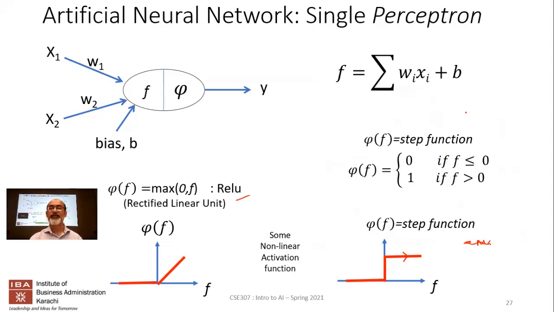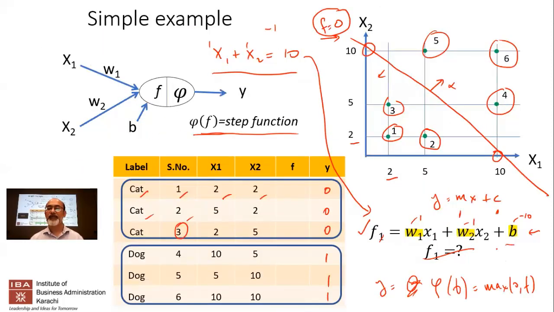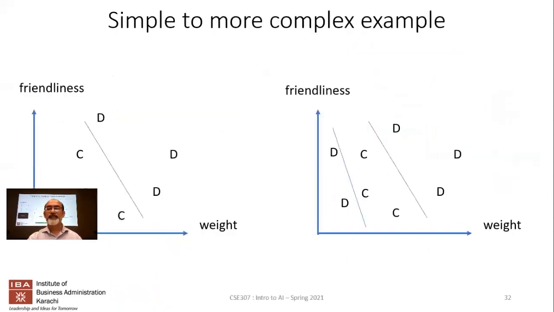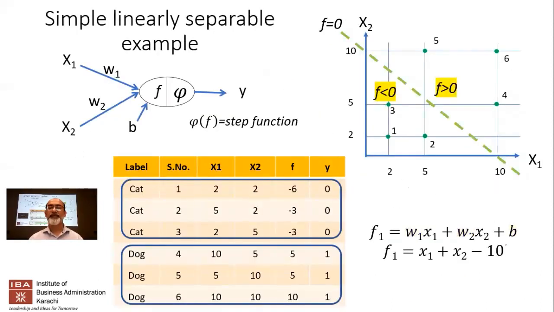It's simply equal to 0 or 1. Okay, that was wrong. So this is simply equal to the step function. Okay. So we've solved this problem, and now let's try to see if we can get the right values. Can somebody help me fill this table now? So we've got 2 plus 2 minus 10 is equal to what?